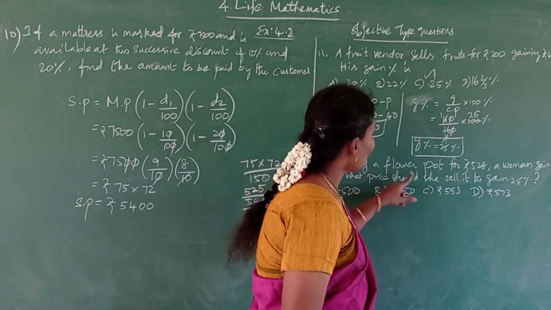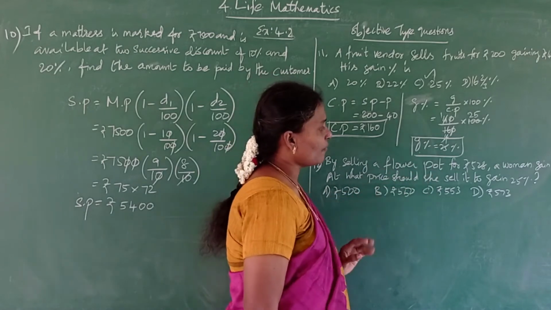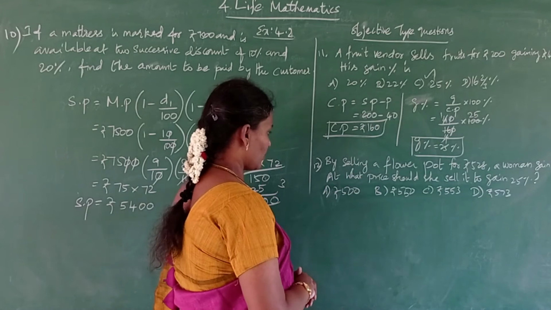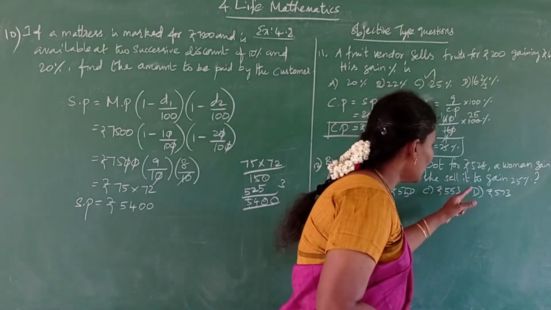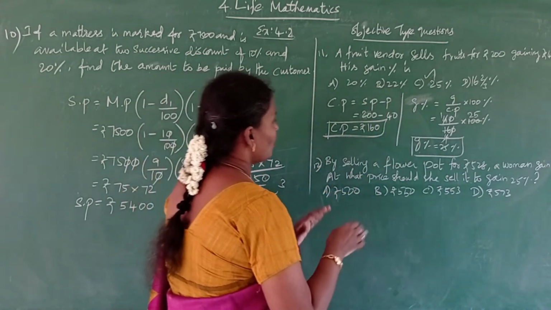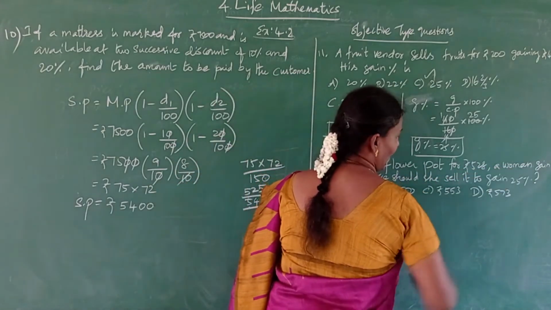By selling a flower pot for rupees 528. So selling price is rupees 528. A woman gained 20%. At what price should she sell it to gain 25%? Okay, so first we have to find out the cost price for the first gain.